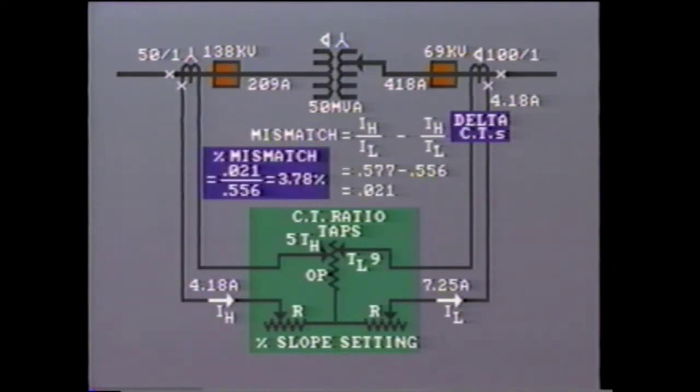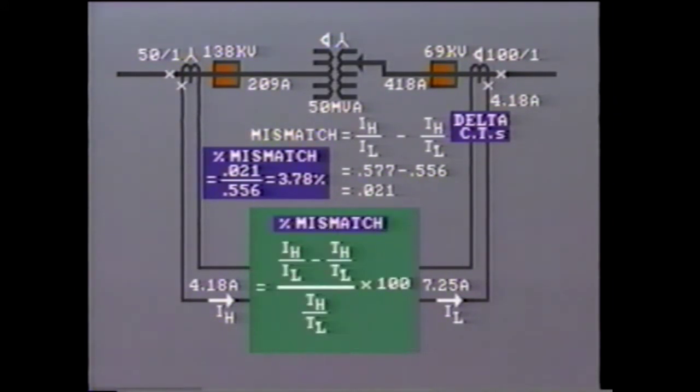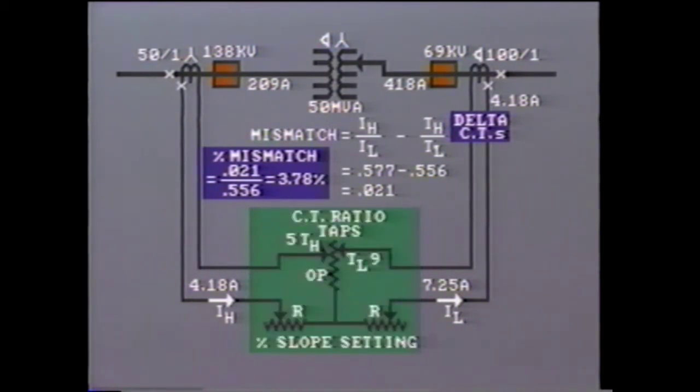The percentage mismatch is 0.021 divided by 0.556, and that equals 3.78%. In other words, percentage mismatch equals IH over IL minus TH over TL, all divided by TH over TL, or IH over IL, whichever ratio is smallest.